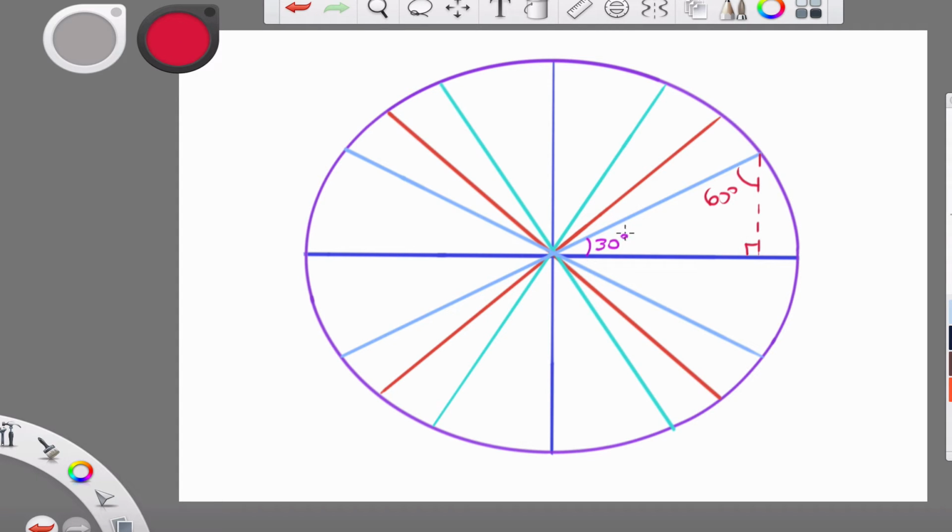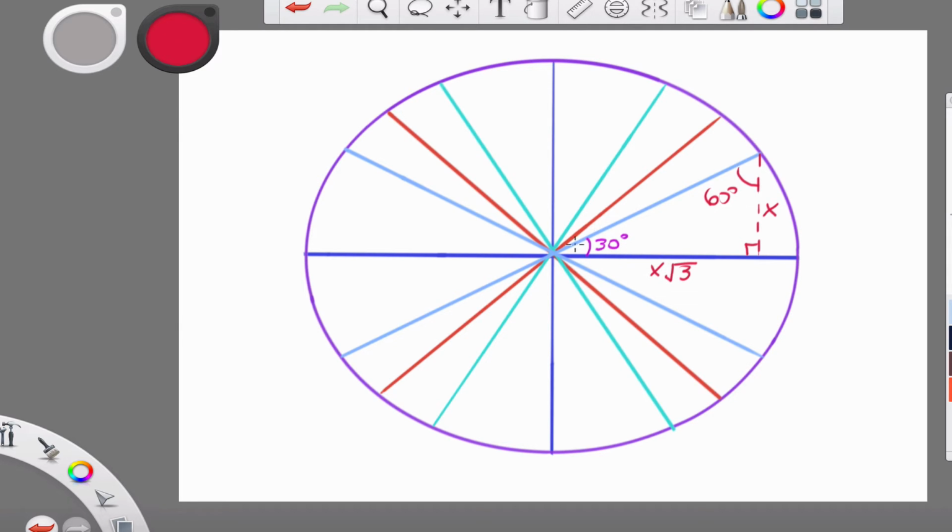We know that opposite the 30 degree angle, the length of this leg of the triangle will be x. We know that the length of the side of the triangle across from the 60 degree angle will be x times the square root of 3.